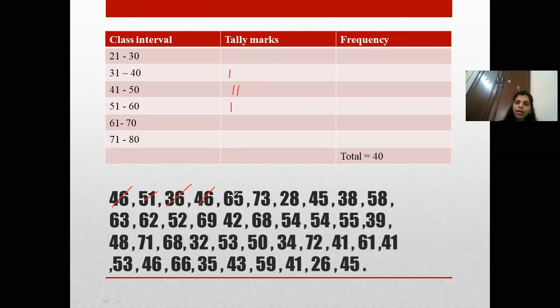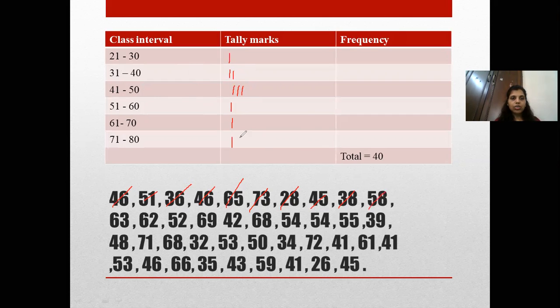Then 65, when you strike off 65, it will be 61 to 70. 73, strike off 73, it will be in the group 71 to 80. Strike off 28, it will be over here, 21 to 30. 45, cancel and put it over here, 41 to 50. 38, strike off 38 and it will be here, 31 to 40.